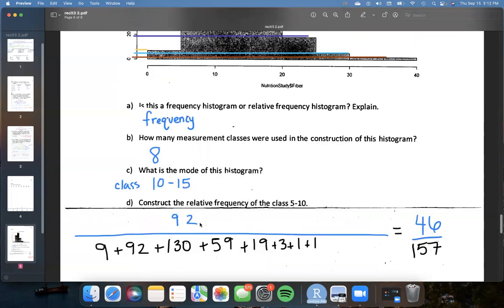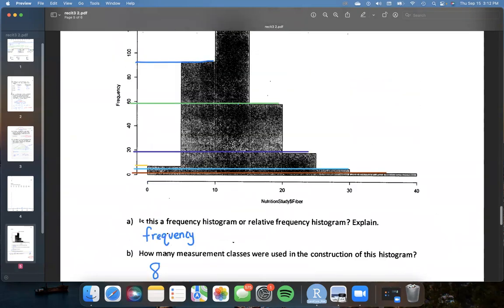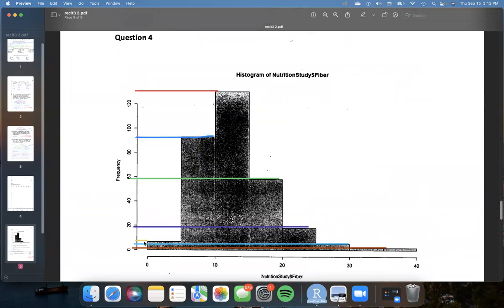So I have 92 in the numerator, and then I need to divide that by the total number of data points. So here, I approximated the frequency of each bar in the bar graph to get the total. For this first bar, which is the yellow line, it looked like that was around 9 to me.